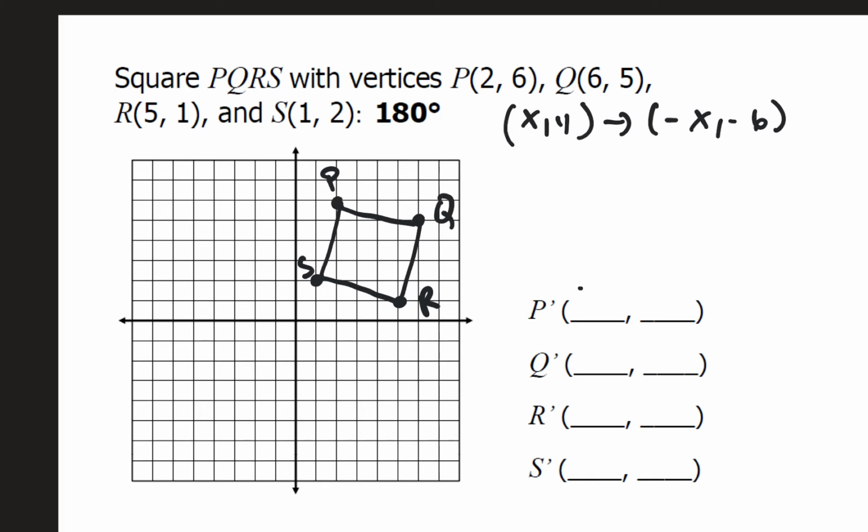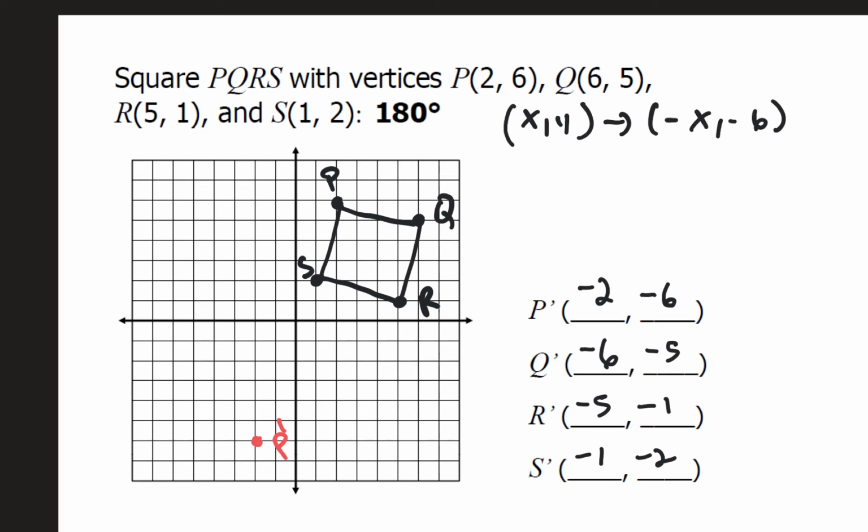So this will have to be (-2, -6). Q prime will be (-6, -5). R prime is (-5, -1). S prime is (-1, -2). So let's go ahead and graph this. We have (-2, -6), so that's going to be P prime.